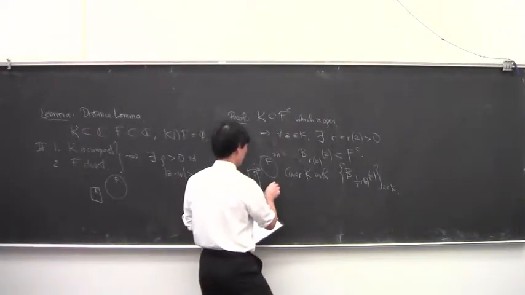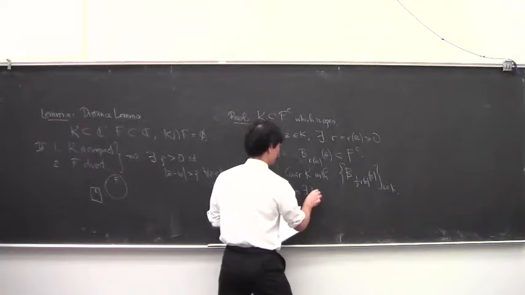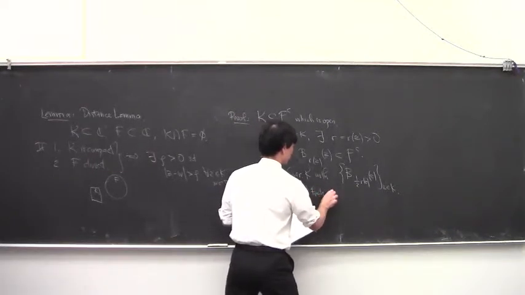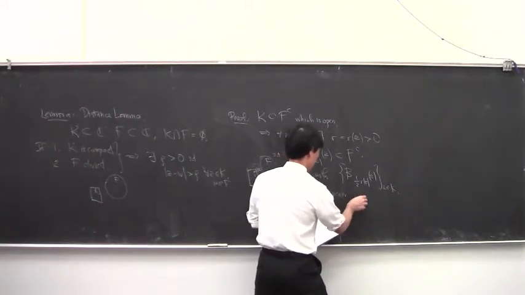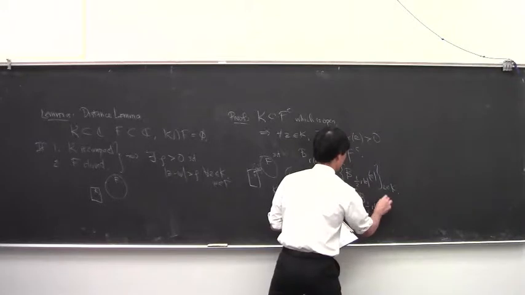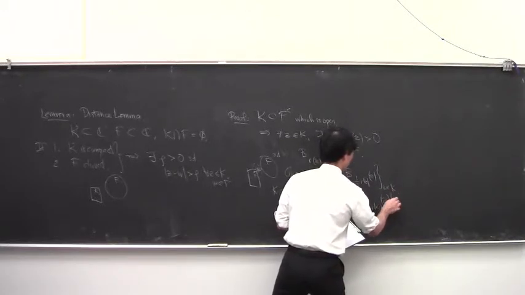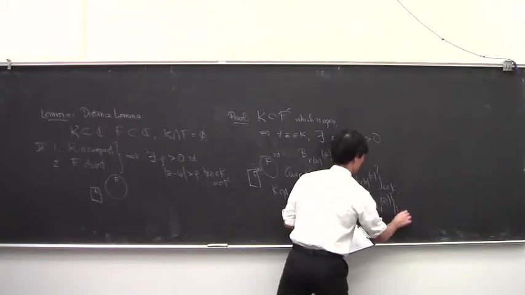And K is compact, so there's a finite subcover, the balls B(z_i, r_i/2) with i from 1 to n.